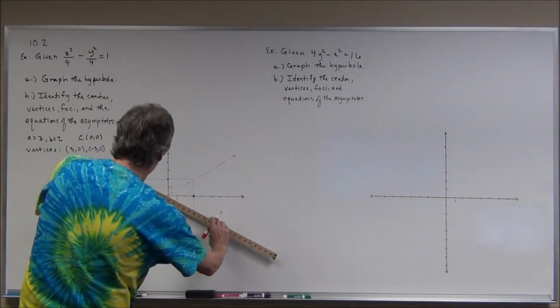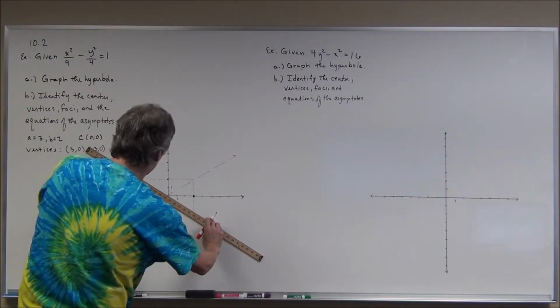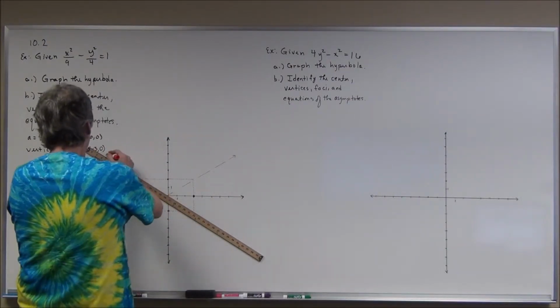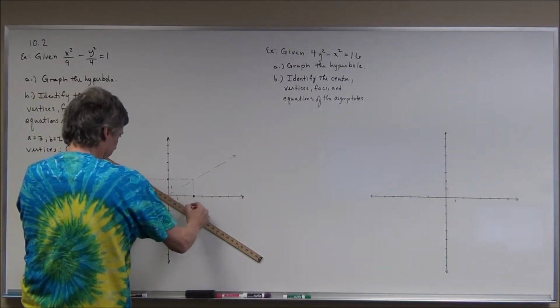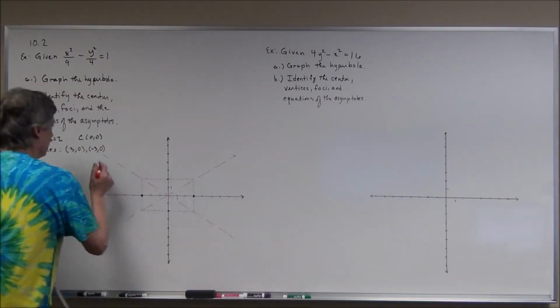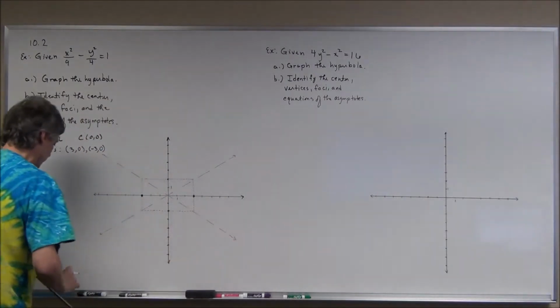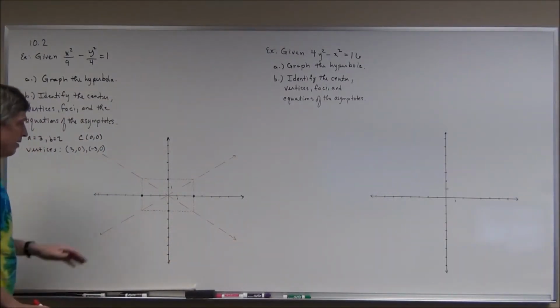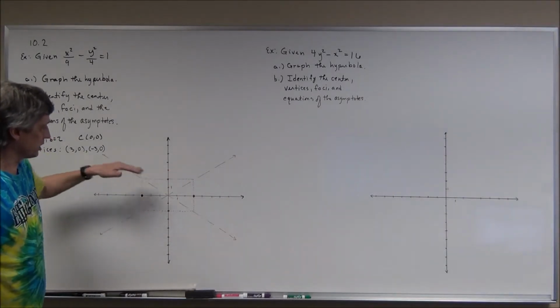With graph paper, you'll be able to see this a lot more readily and hopefully not have near the problems. Hope that didn't slide. I have a feeling it slid a little. Okay, so there are my asymptotes, dashed lines. I put the arrows on the end to indicate that. I have my vertices. I have my representative rectangle for my asymptotes.